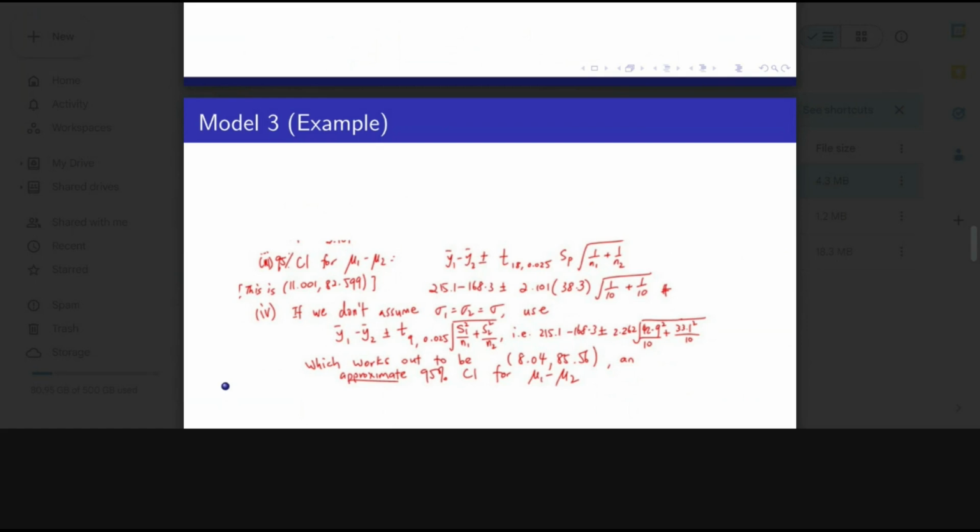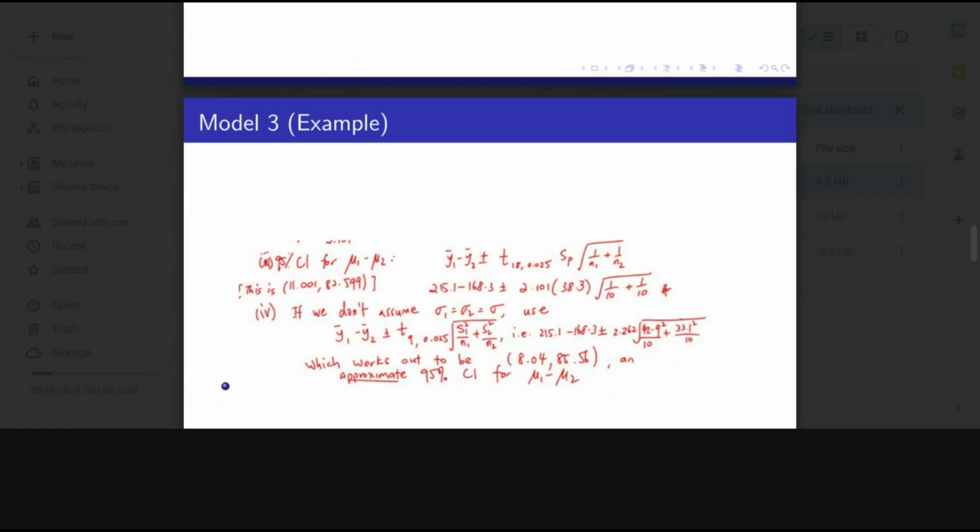Because we're not using S-pool, we're using a minimum of two samples at a time. Here we were using S-pool, correct? We are using S-pool here, so it's 18. But now we are not using S-pool, we're using separate standard deviations. So you see the two sample sizes, the smaller of the two, minus one.